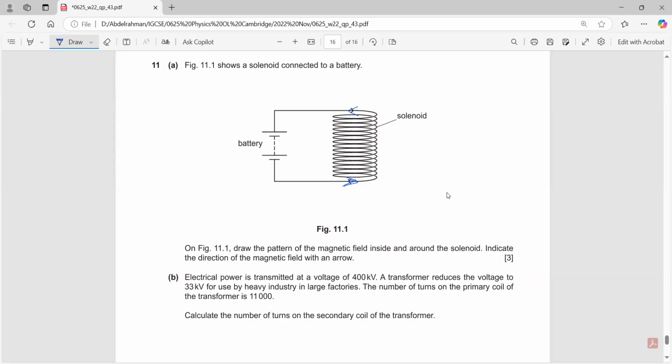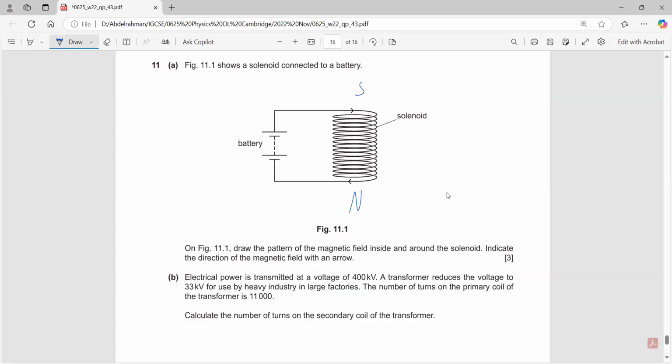If the thumb is pointing upwards, this means that the North Pole would be at this point and the South Pole at this point. But since the current is moving in the opposite direction, the North Pole would be at this point and the South Pole at this point.